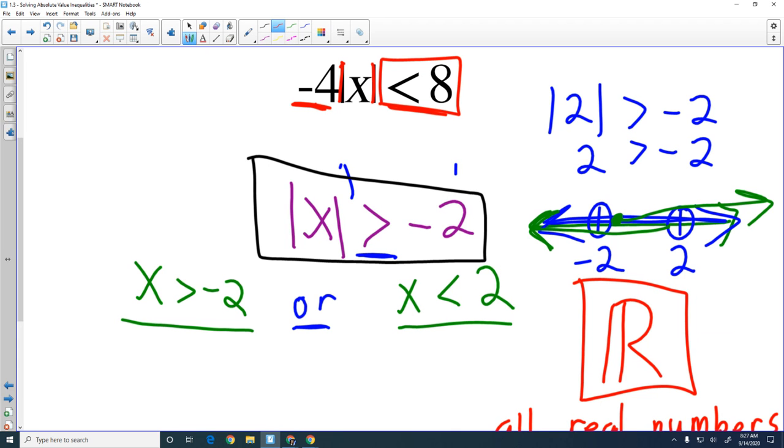Other questions on this crazy example problem? Okay.